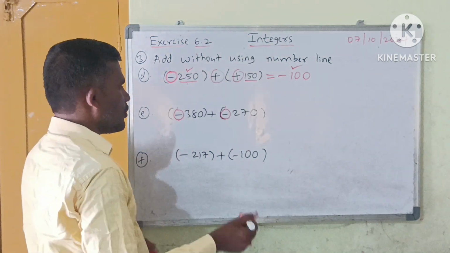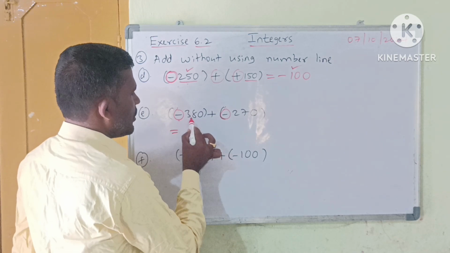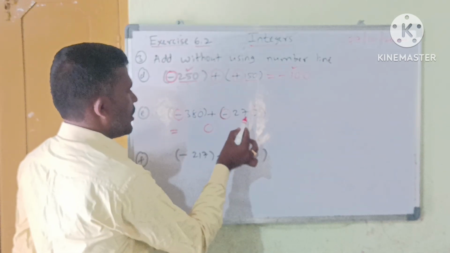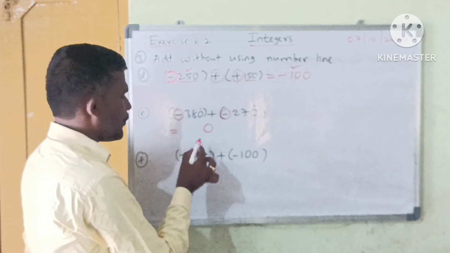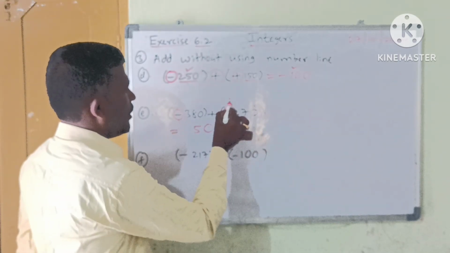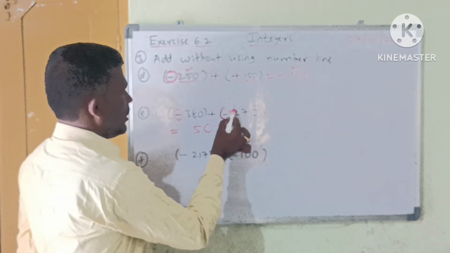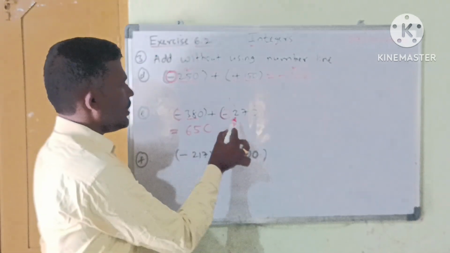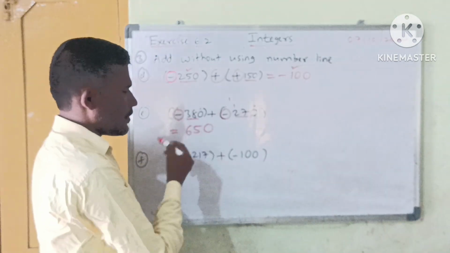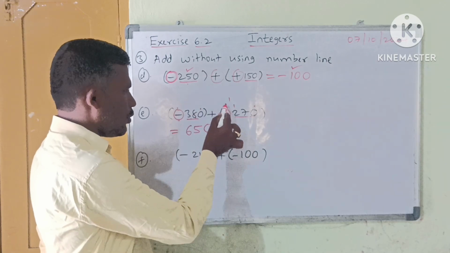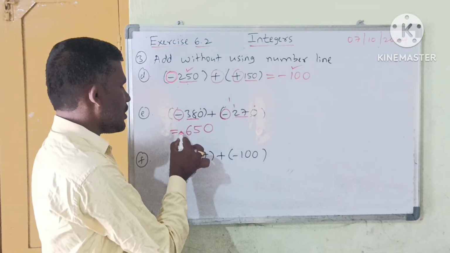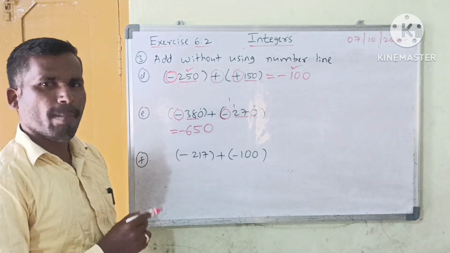Adding 380 and 270: here 0, here 0. 0, 7, 8, 15. Here 1, 3, here 3, 6. So therefore 380 plus 270 is 650. For these two integers we assigned the minus sign. So for the result also you will take the minus sign.